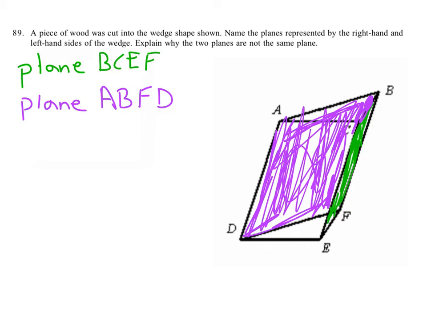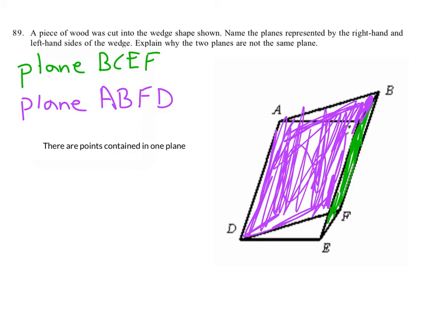Now, the question is, explain why the two planes are not the same plane. And what I would say as an answer for this is simply that there are points contained in one plane.